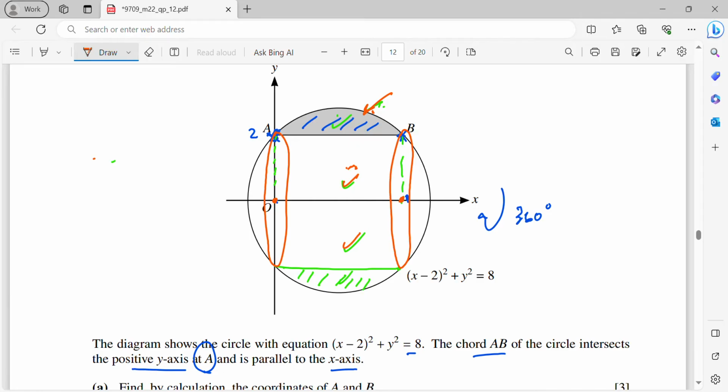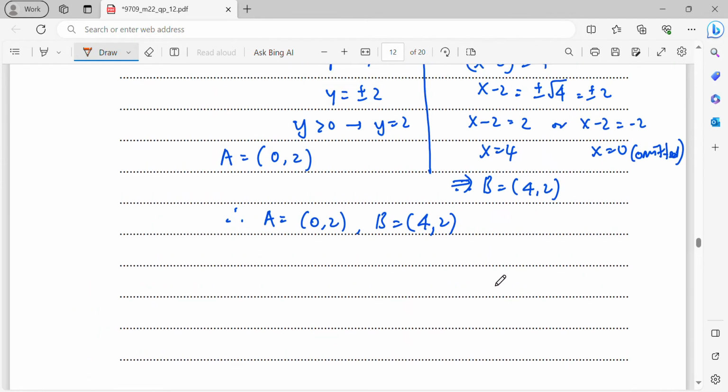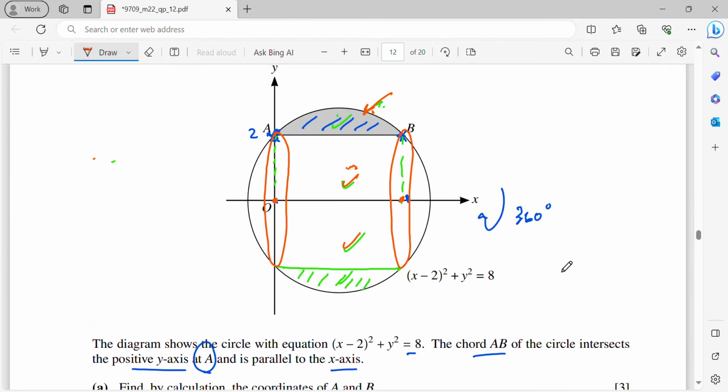Just now we found that at point B, the x is 4. So here is the 4. For the cylinder, the volume is pi r squared h. The h here is 4, and the r is 2, because from 0 to A it is 2.